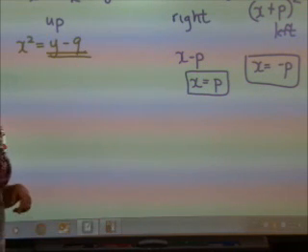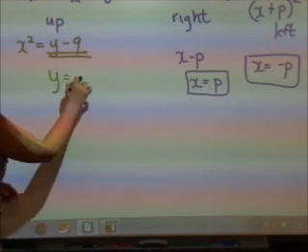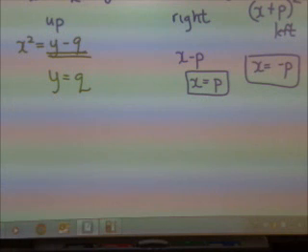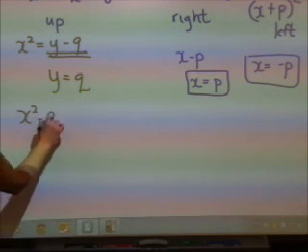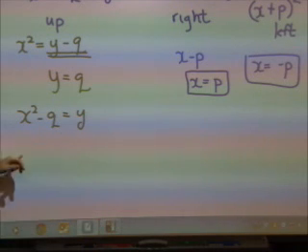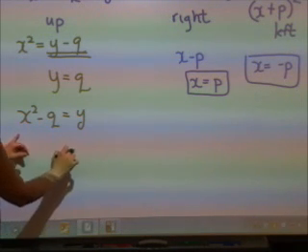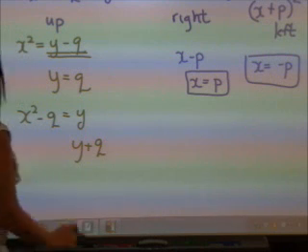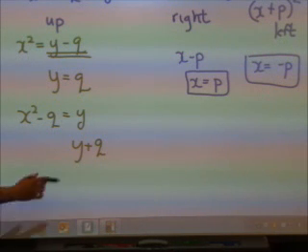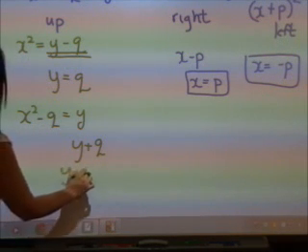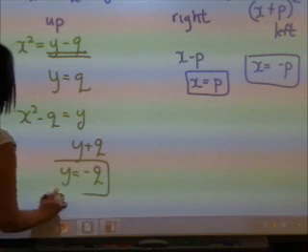This moved it up. Why? y equaled q. If I have x squared minus q, which I know moved the graph down, if I put it to the other side, I get a plus q and I get a negative.